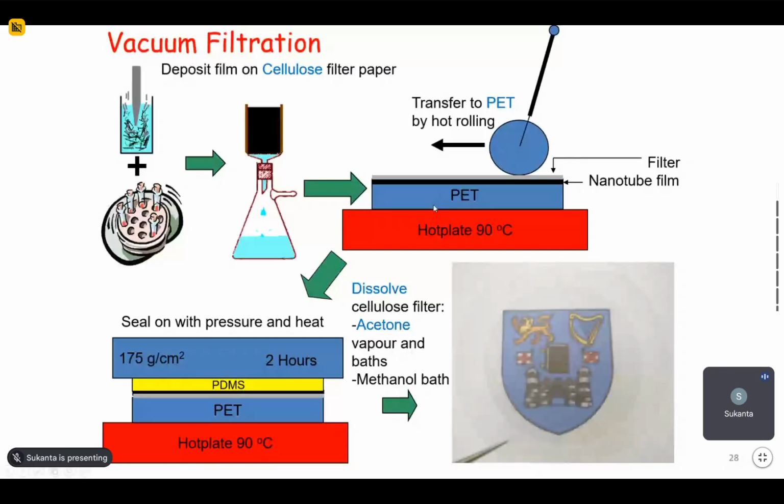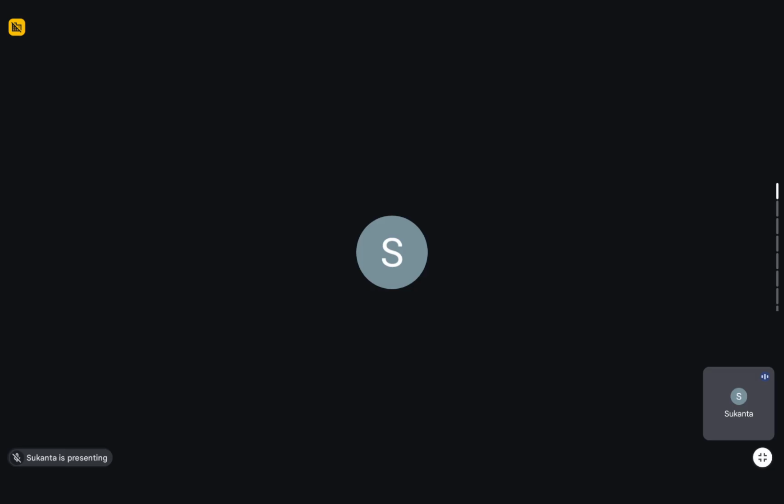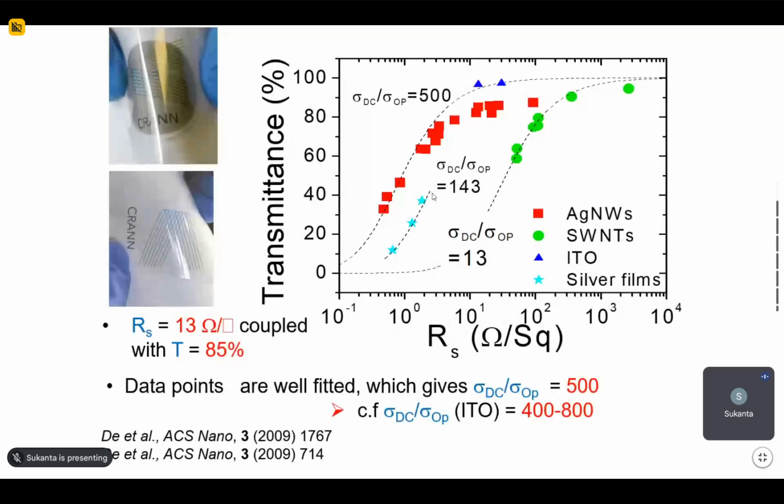So this method does not work for the silver nanowire thin film. So there is a problem. The thing is, carbon nanotube is a really conductive material like silver.